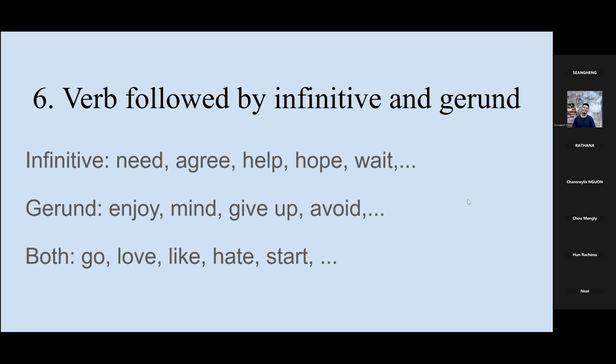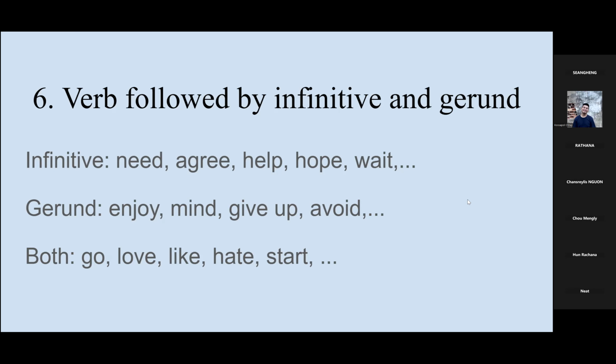Verbs followed by a gerund include enjoy, mind, give up, avoid, and so on. After these words, we need to add being or a gerund. In addition, there are some verbs followed by both infinitive and gerund, such as go, love, like, hate, and start.